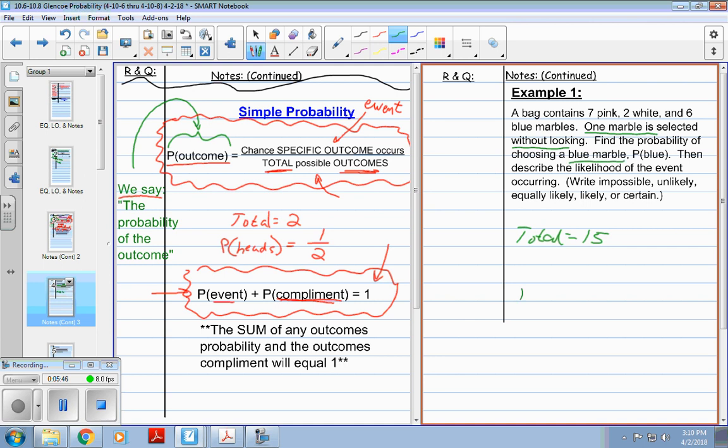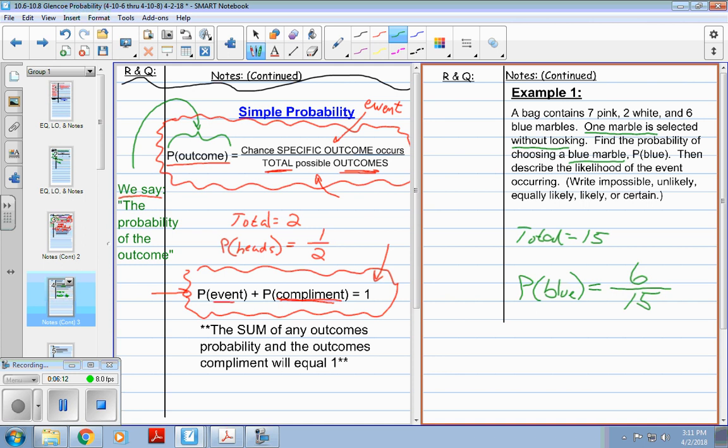So the probability of a blue marble is equal to the number of blue marbles on the top. So how many blue marbles are in our bag? Yeah, you're right, there's 6. And we divide by the total number of possible outcomes, which means that's 15 in this scenario because we have 15 total marbles in our bag.